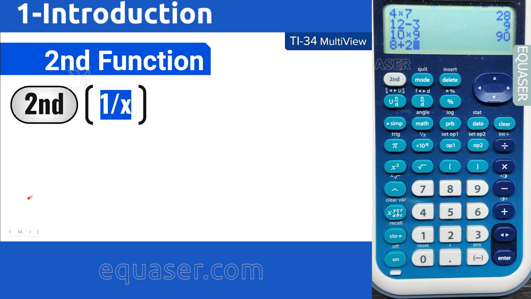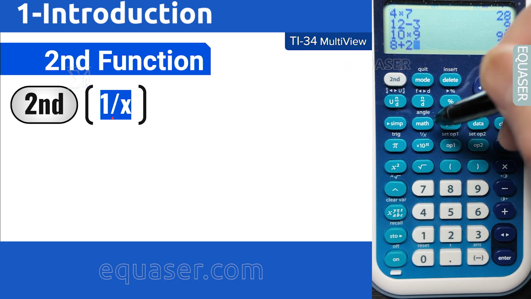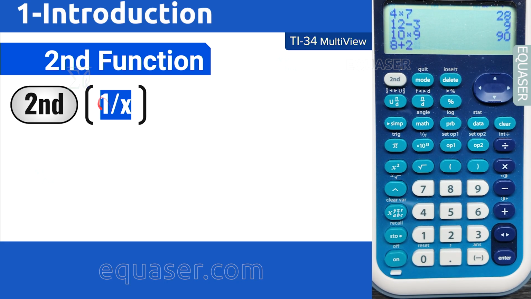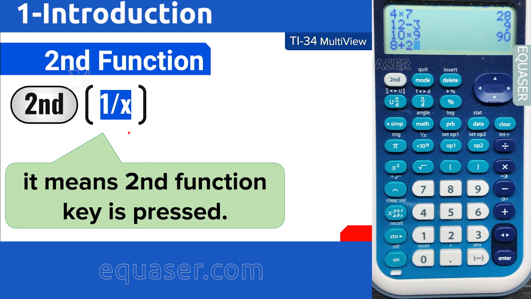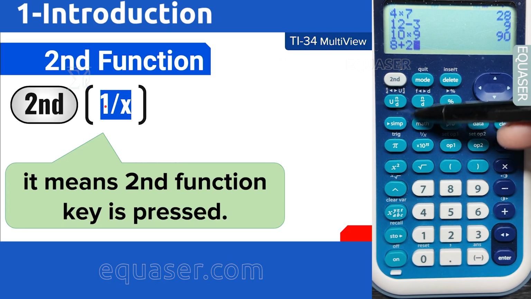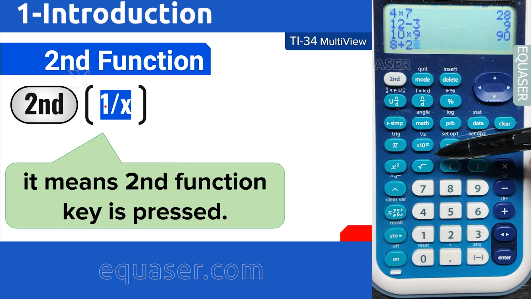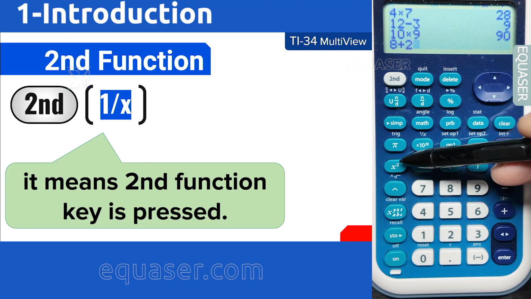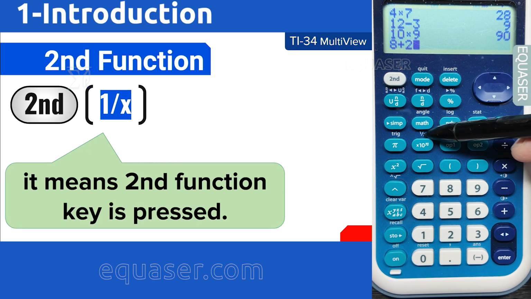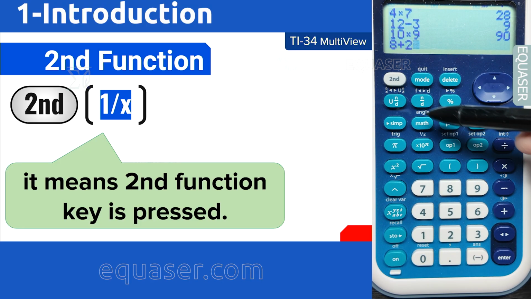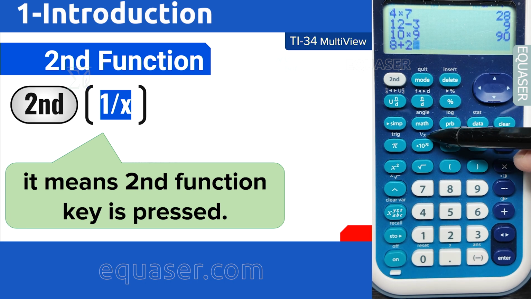Now the second function for this tutorial will be displayed inside the parentheses and with a blue background, because this is also dark blue and I use this color, and this means second function. So I do not mention, for example, if you look at this button here, you need second function and 1 over x to activate it.